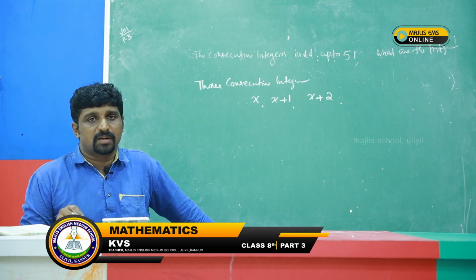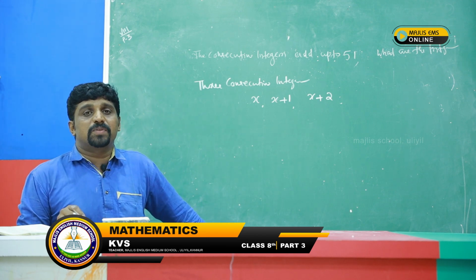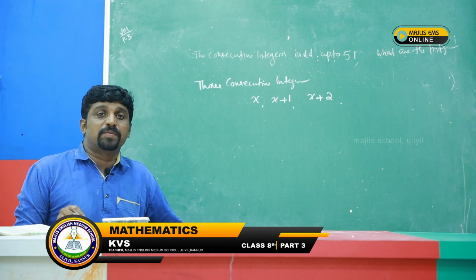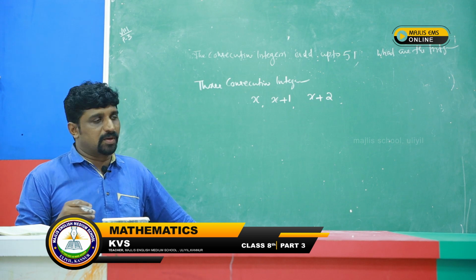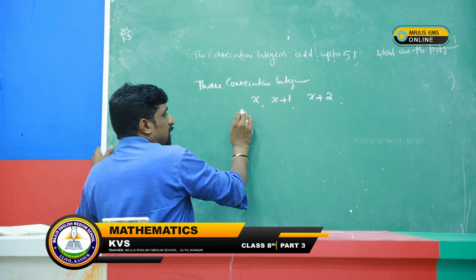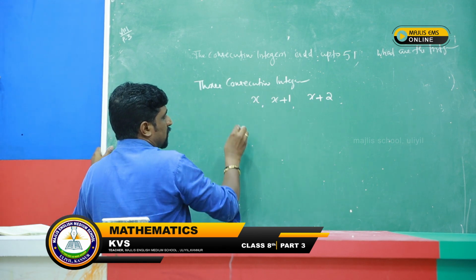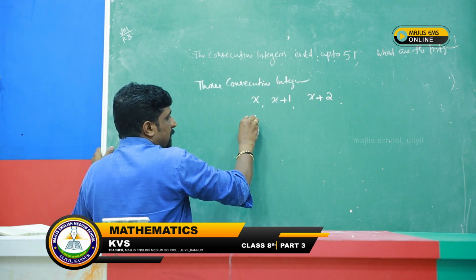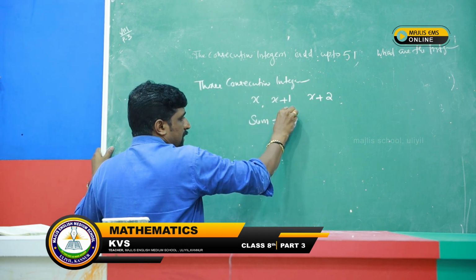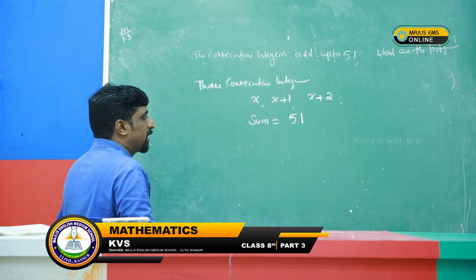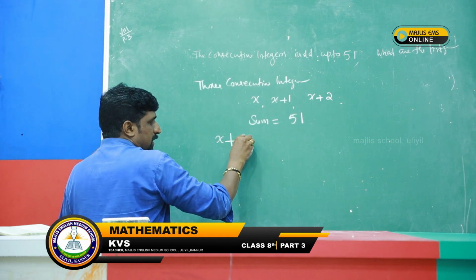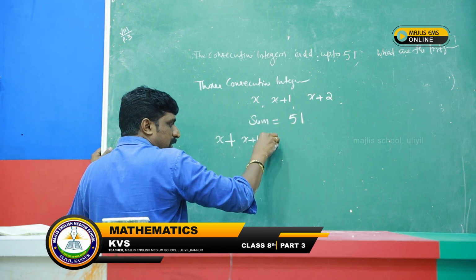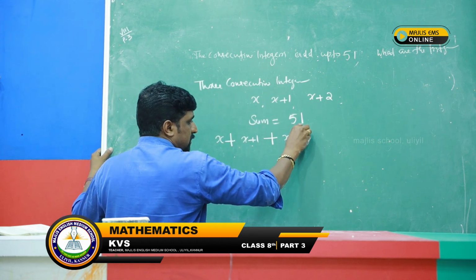The sum of these 3 is given as 51, so we can find the numbers. Therefore, we add them: the first integer x plus the second integer x plus 1 plus the third integer x plus 2.